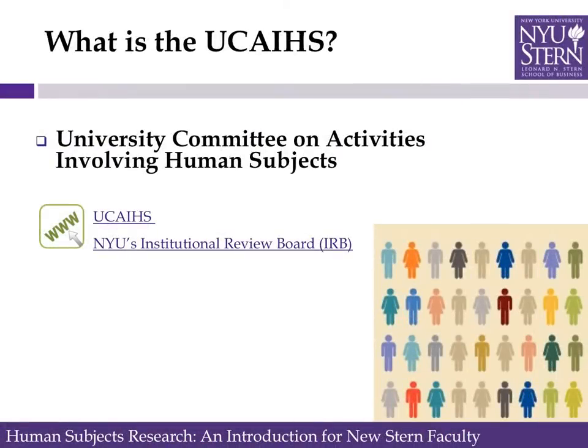First of all, what is the University Committee on Activities Involving Human Subjects? It's a committee here at NYU composed of faculty members and staff who are involved in the process of approving all research involving human subjects, with a focus on protecting the rights of people who participate in this research.